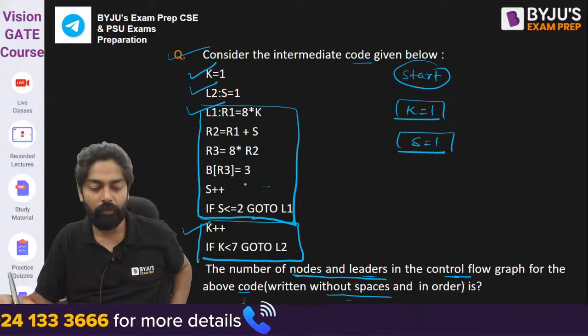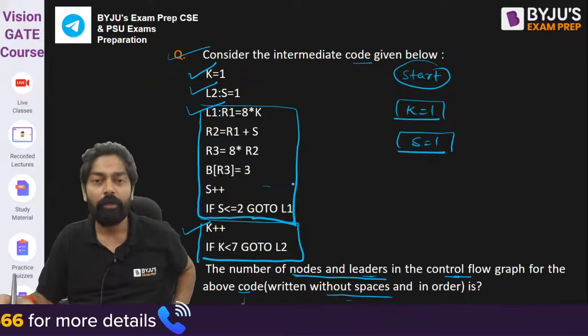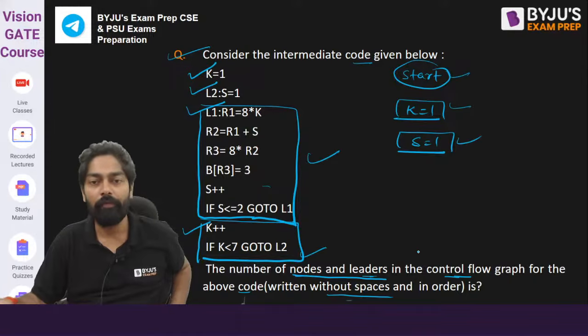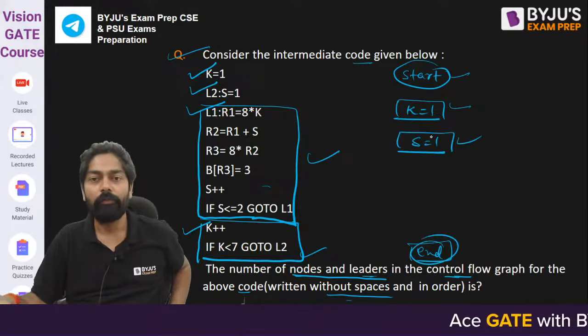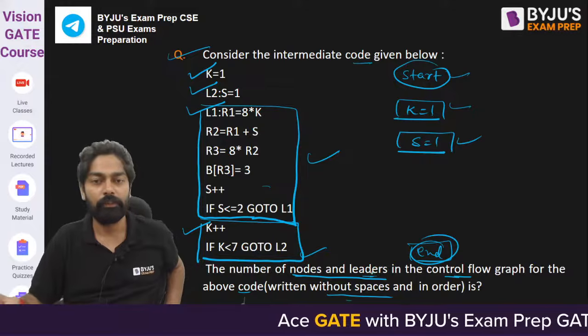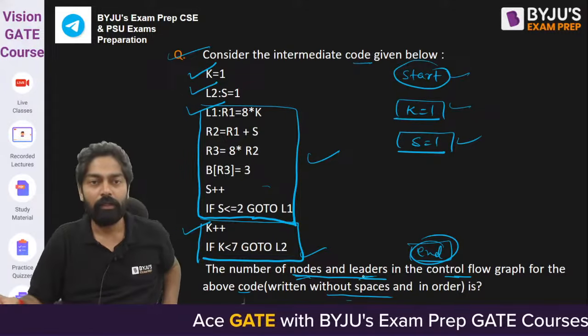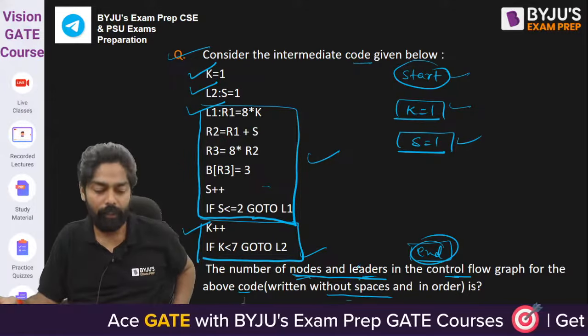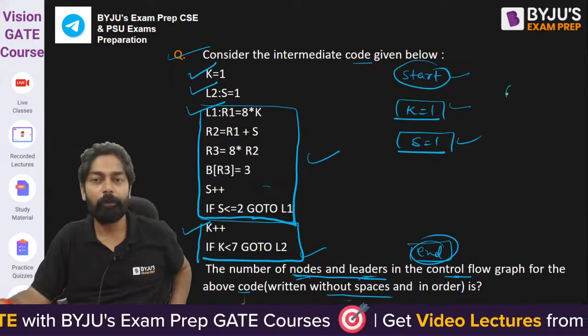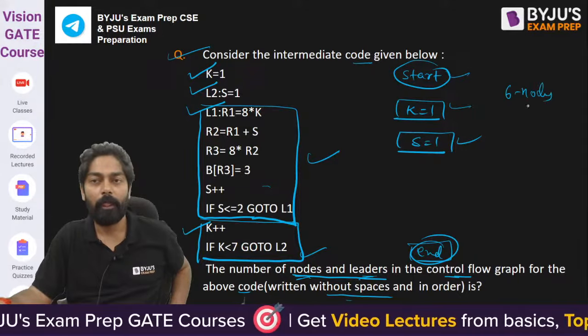We have end also. So 1, 2, 3, 4, 5, and end also, so 1, 2, 3, 4, 5, 6. So 6 nodes and we have 4 leaders. Am I right? Can you please cross check? 6 nodes and 4 leaders.